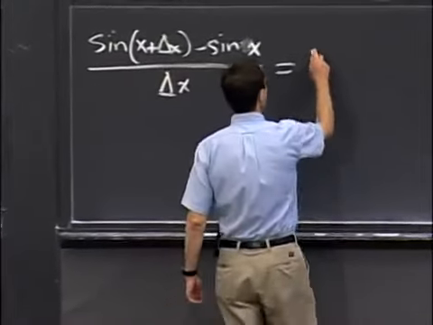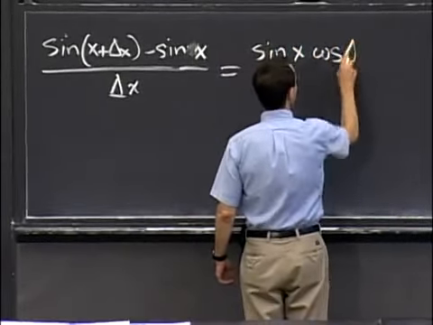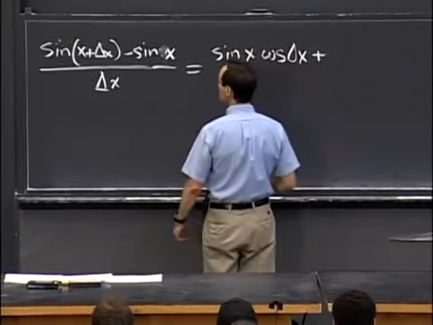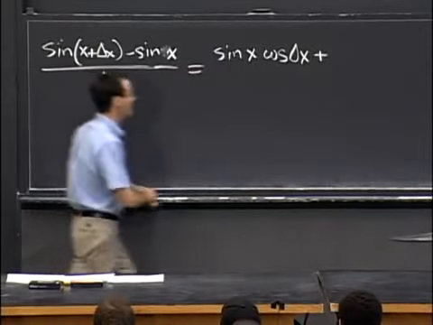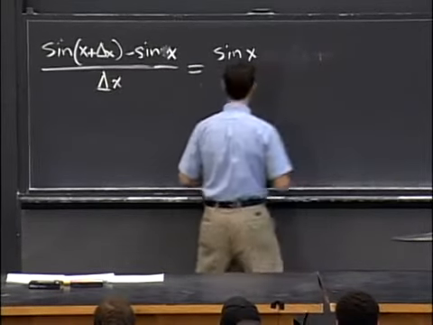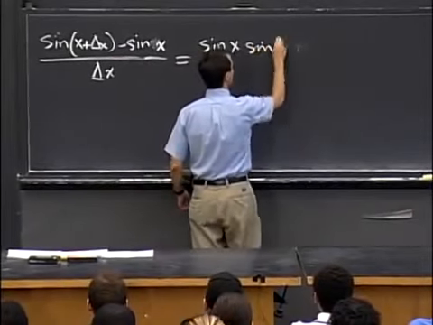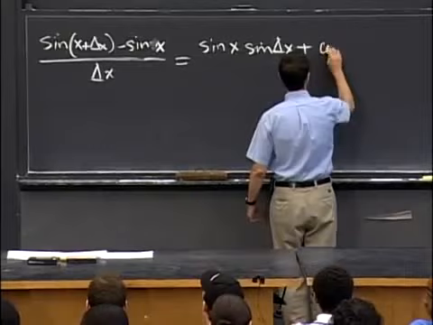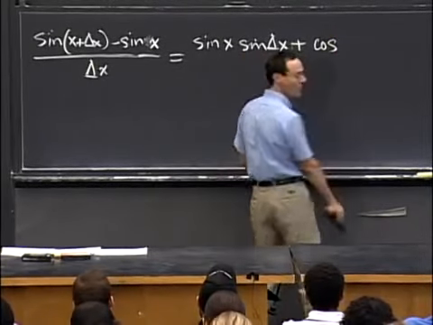So that's sine x cosine delta x plus... oh, that's not what it is, huh? OK. So what is it? Sine x sine delta x. OK, good, you remember. Plus cosine... No? Oh, OK.